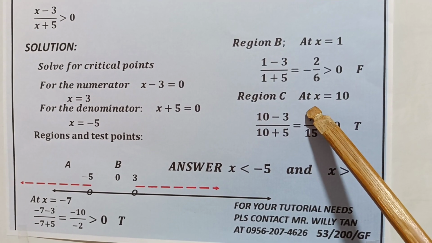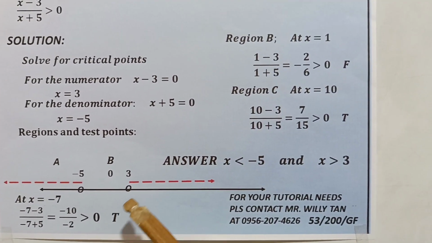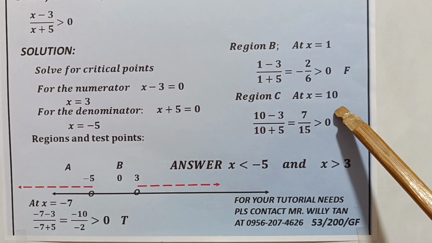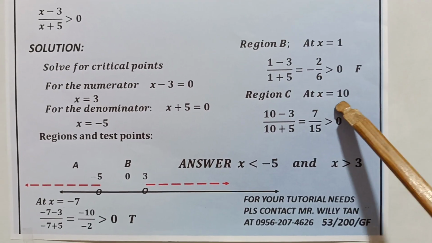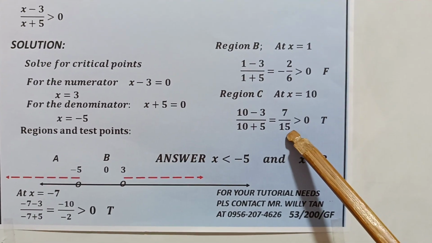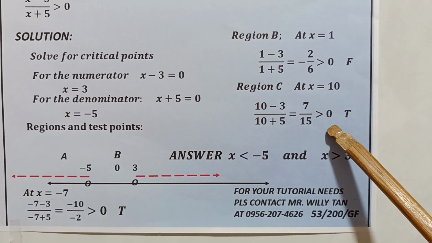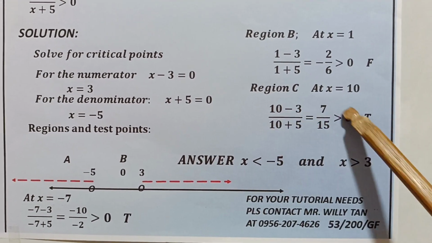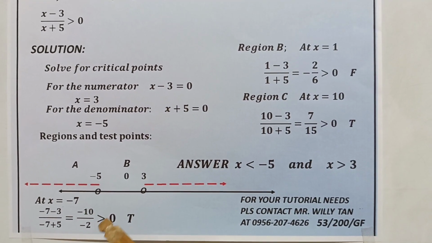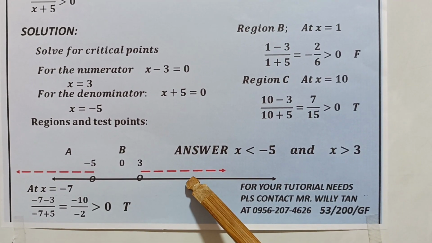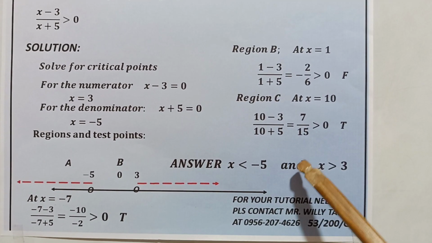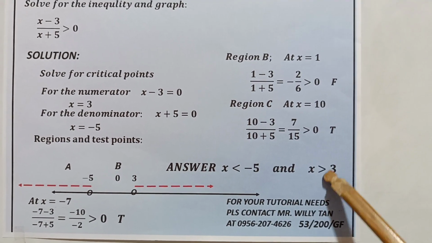For region C, from 3 to positive infinity, we choose x equal to 10. 10 minus 3 over 10 plus 5 is 7 over 15, which is greater than 0. So region C is also our solution. So we have 2 solutions, region A and region C: x is less than negative 5, and x is greater than 3.